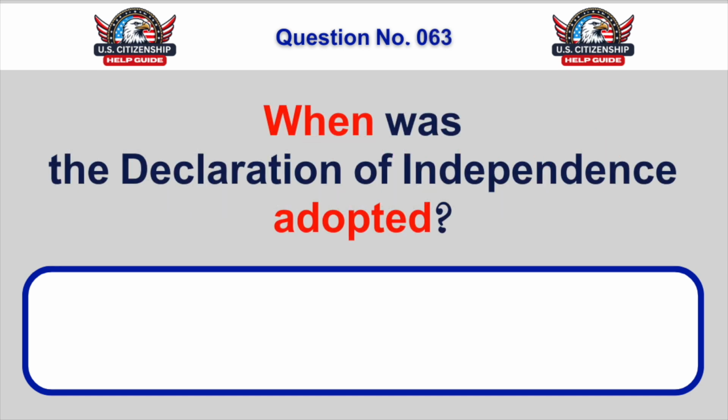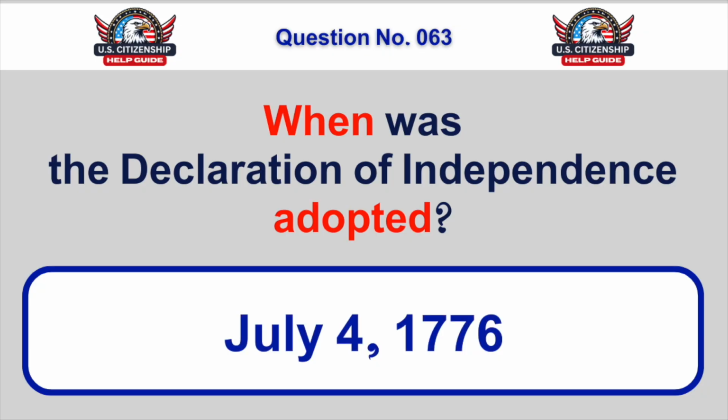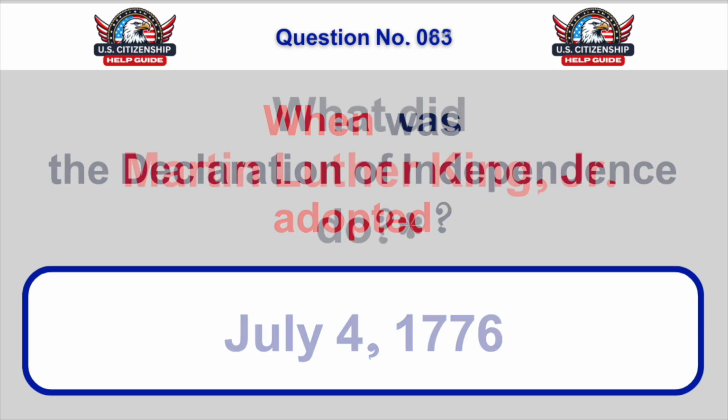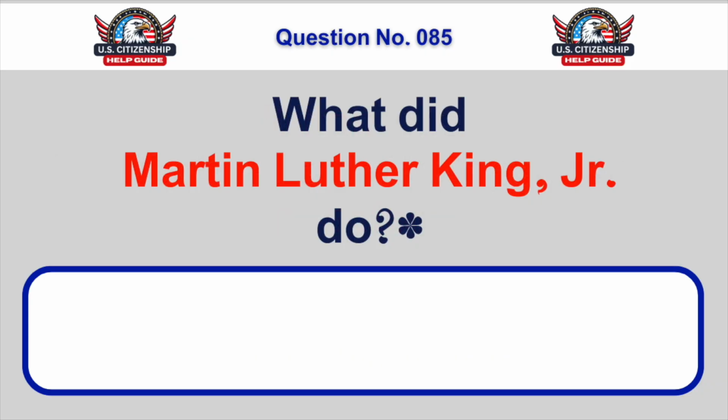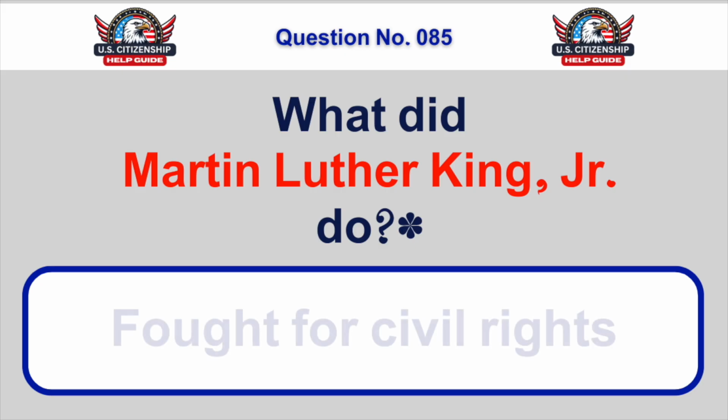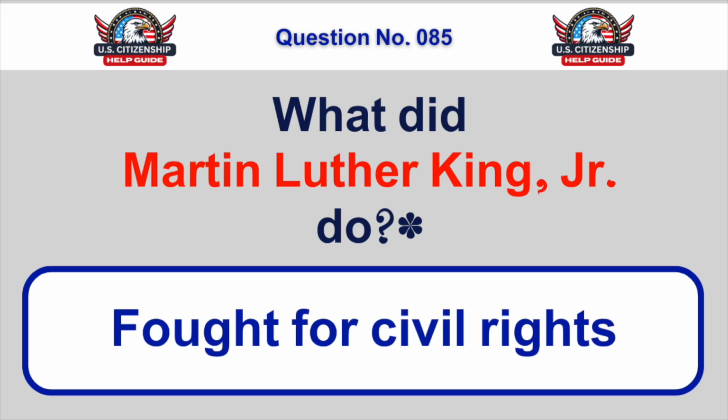When was the Declaration of Independence adopted? July 4, 1776. What did Martin Luther King Jr. do? Fought for civil rights.